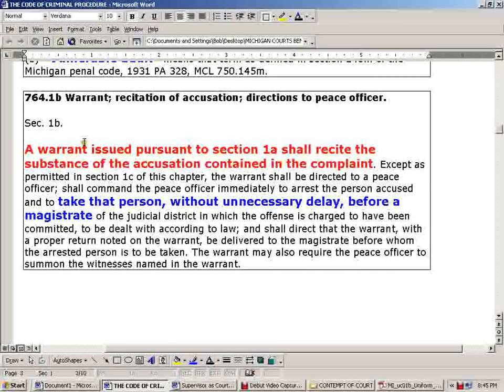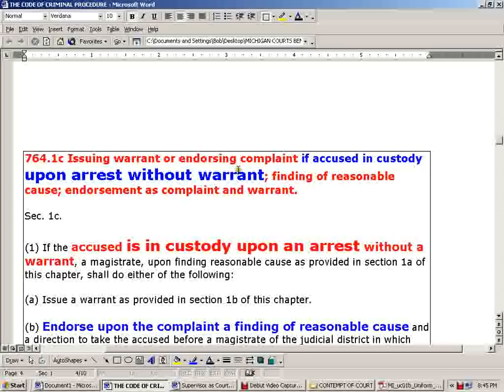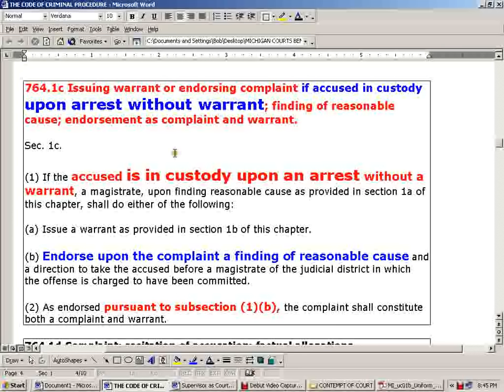A warrant issued pursuant to Section 1A shall recite the substance of the accusation contained in the complaint. Take that person without necessary delay before the magistrate. Issuing warrant or endorsing complaint. If accused in custody upon arrest without warrant, finding of reasonable cause, endorsement of the complaint and warrant.